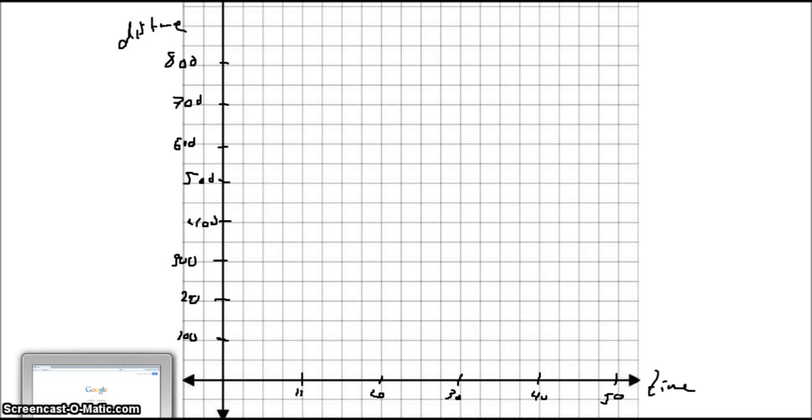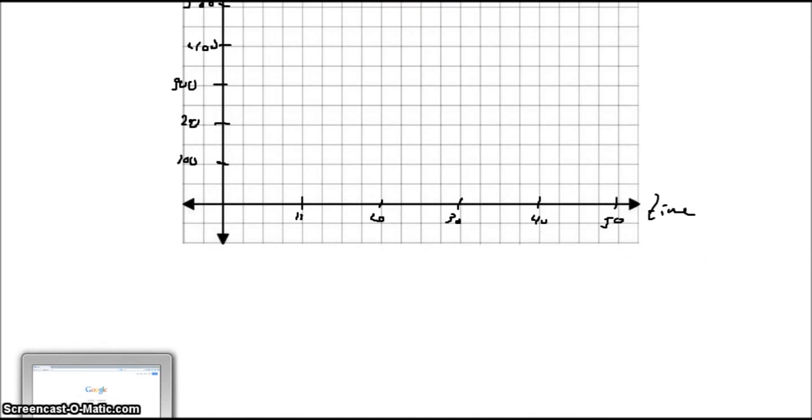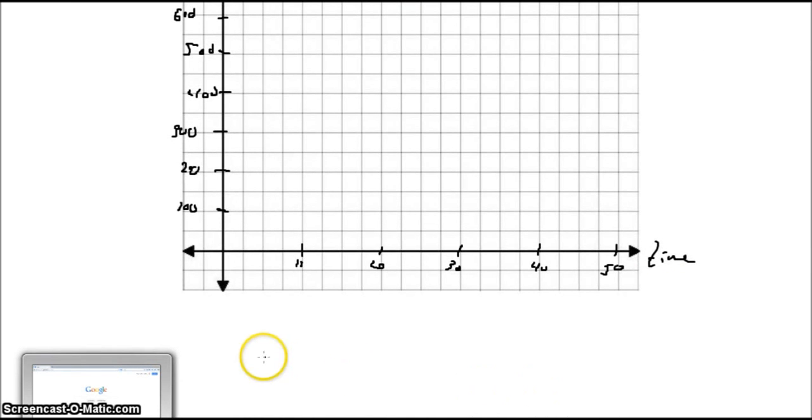We can look at our table values and see early on when the number of minutes is very small, there's very small changes in distance. It's increasing slightly, but not very much. Something like this.